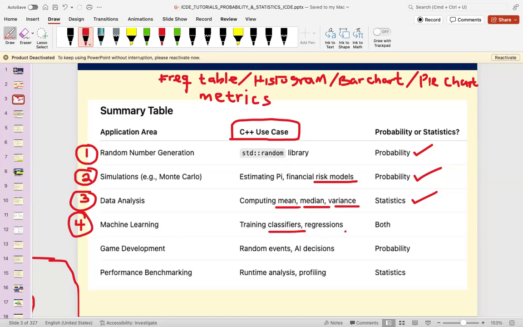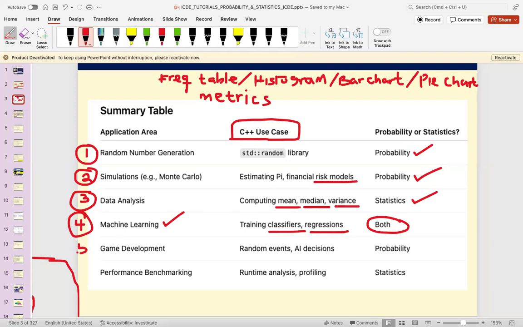You may be doing regressions, which I'm not sure you have started. You do it anyway. Now, in all this, you need the basics of probability and statistics. So for machine learning, you need both probability and statistics to be able to understand machine learning.